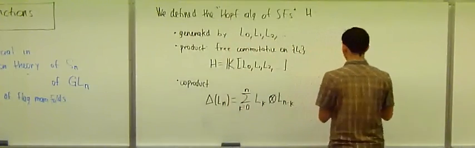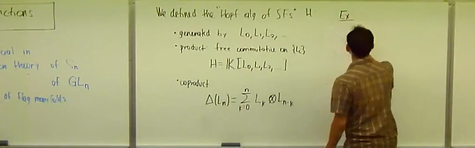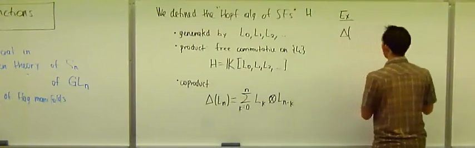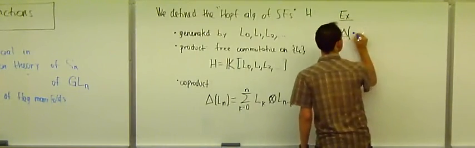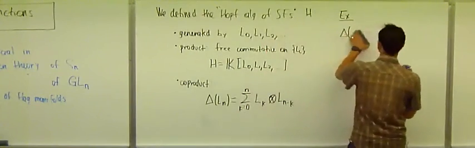So for example, we said that delta of L2, where L2 represented the poset, the chain of length 2.